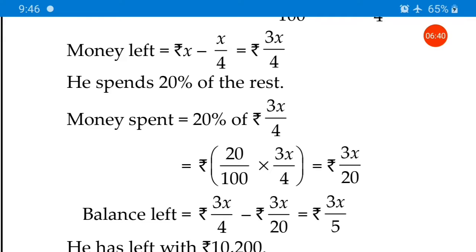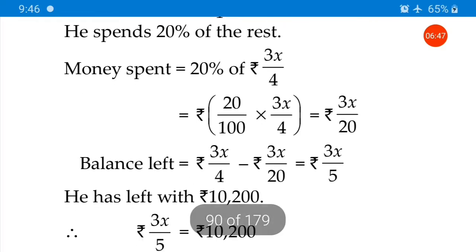When you do the calculation, it will be 3X upon 20. Now the balance left is 3X upon 4 minus 3X upon 20. It will be 3X upon 5. So he is left with rupees 10,200.